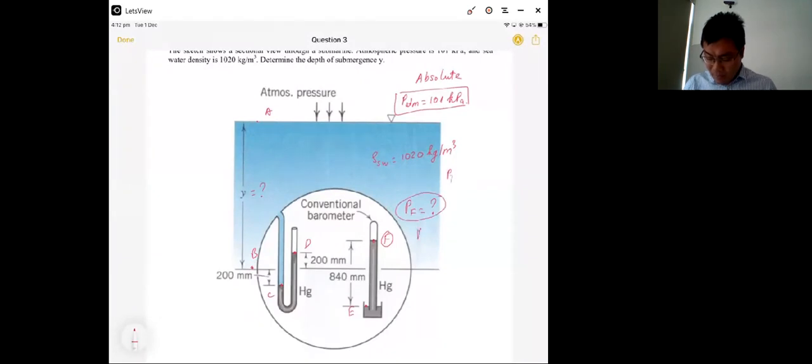PF will be equal to the vapor pressure of mercury. It means at point F, mercury boils. And why is PF equal to vapor pressure?